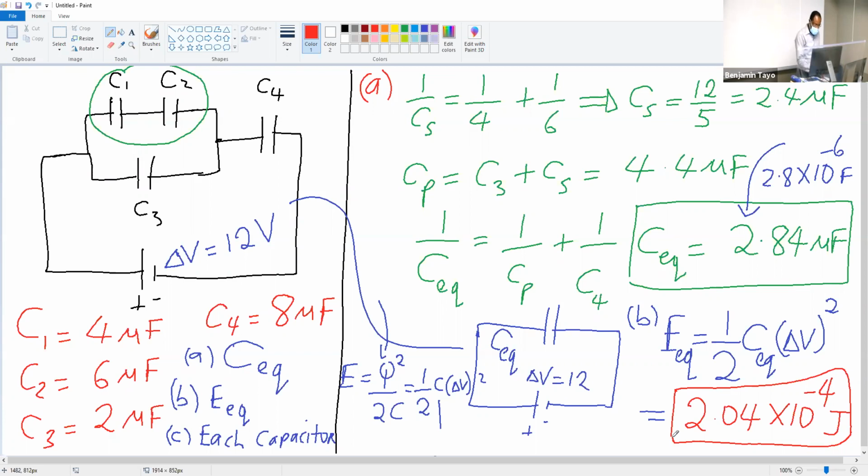Now if you start with this equation here, Q squared over 2C, in place of Q, you just put Q is equal to C delta V. So what you're squaring is C delta V squared, right? So the C squared is going to cancel with the C at the bottom. And so you just end up with 1/2 C delta V squared.